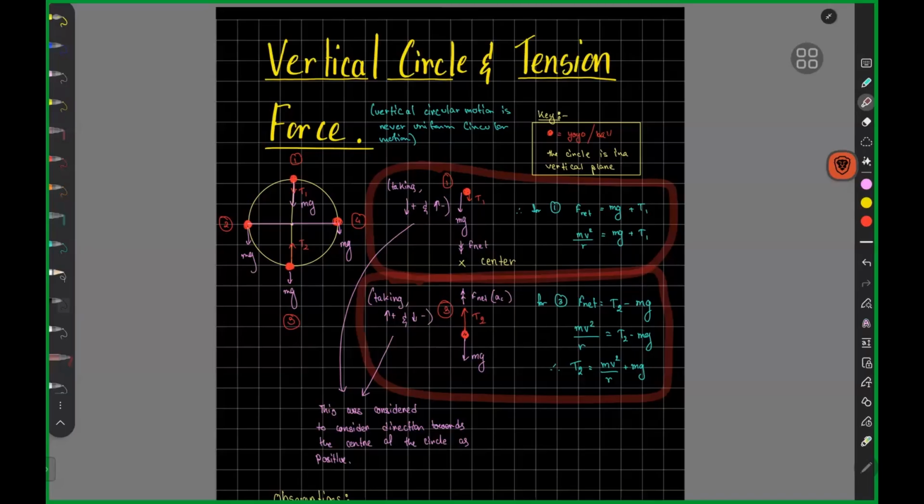To add perspective, let me give you a bit of a real-life demonstration. Take a ball, attach it to a string, and try to rotate it in a vertical circular motion, at such a speed that you can understand the variation.